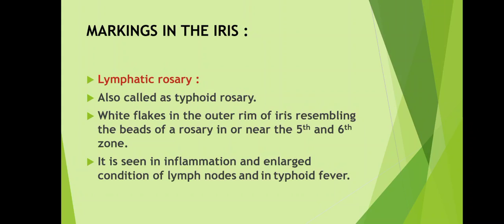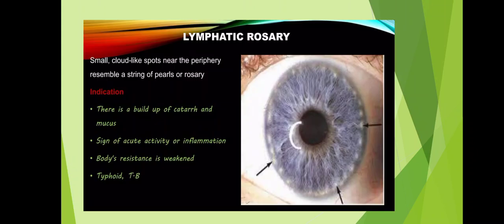It is seen in cases of inflammation and enlargement of the lymph nodes and in case of typhoid fever. In this picture, we can see the lymphatic rosary, that is, white flakes that are seen in the fifth and sixth zone of the iris.